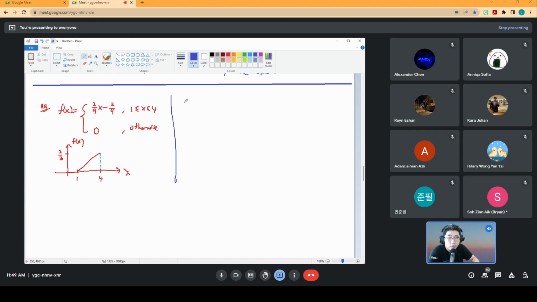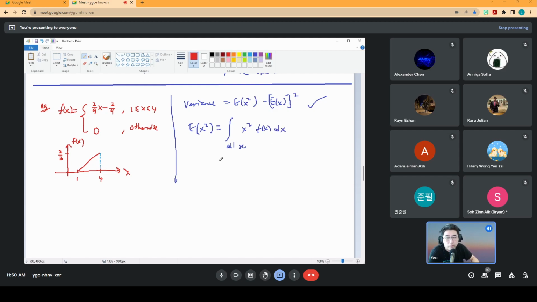The variance formula is still E of x squared minus E of x, the whole thing squared. This is still true. The problem is the expected value of x squared. The expected value of x squared will be in integration form, the integral of x squared f(x) dx.